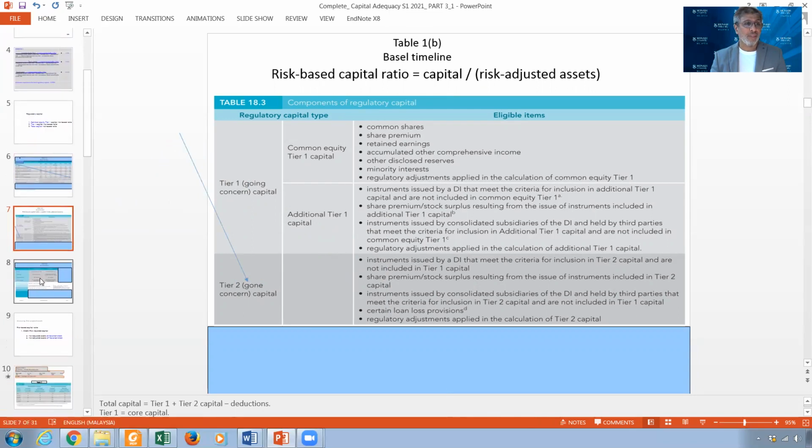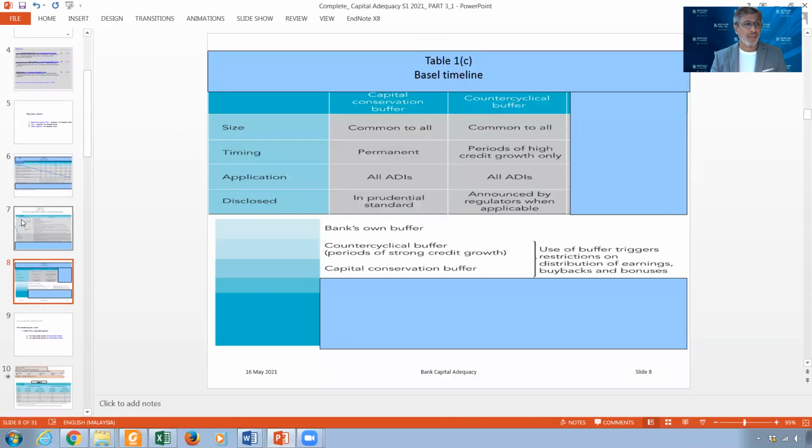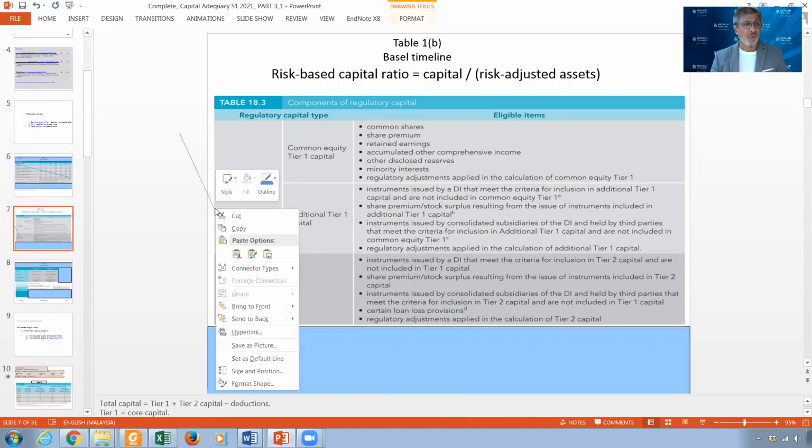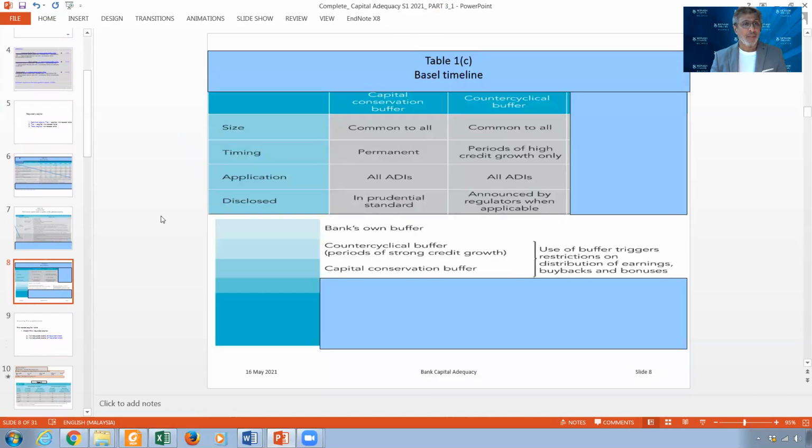Okay, just for the sake of information again, if we want to know the buffers, we have two types of buffers. One already started in 2016, which is what we call the capital conservation buffer, which is 2.5%.